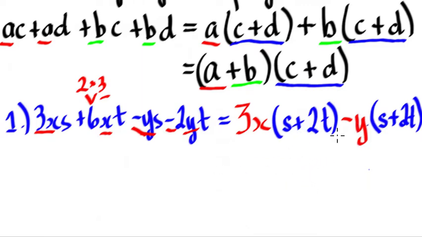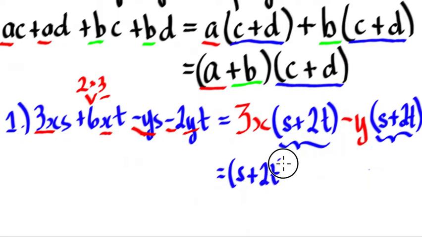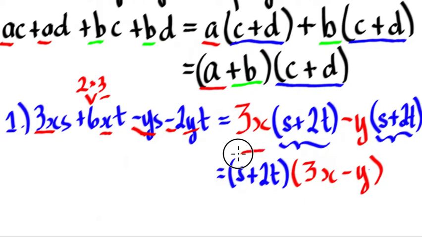Okay, so notice the blue pens are common in the two terms, so we can get that out by the virtue of factoring by grouping. We can say that s plus 2t times 3x minus y is our answer for number 1.